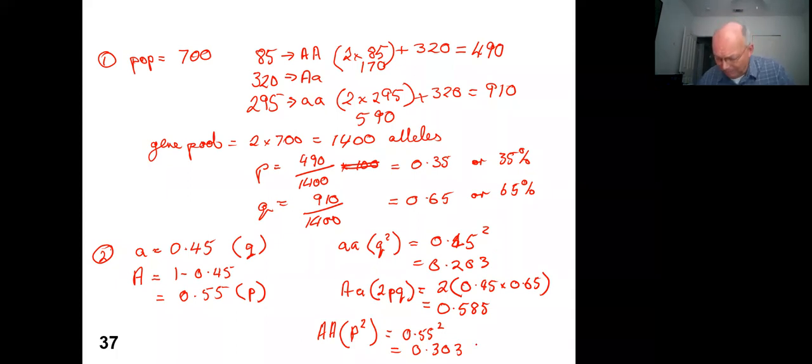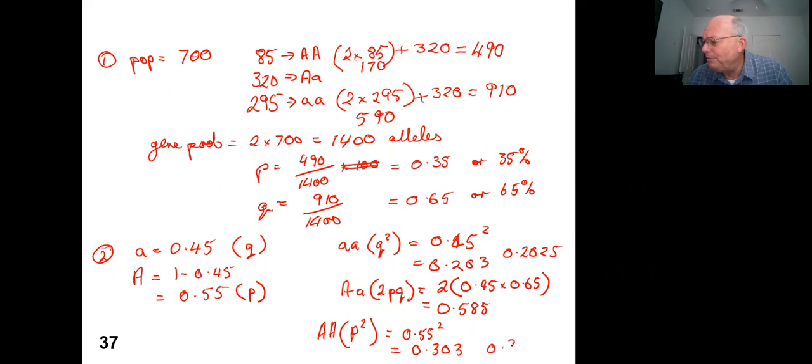Remember, we rounded, so it may not be completely accurate. So let me do the quick calculation. 0.585 plus 0.203 equals, and I get 1.091. If I hadn't rounded, it should have added up to 1. So it's close enough. It tells me that I'm pretty close to the right numbers, even though I rounded. This was actually 0.2025. This was 0.585.